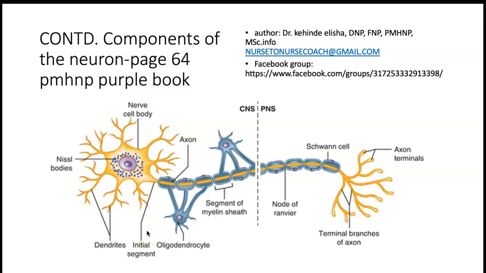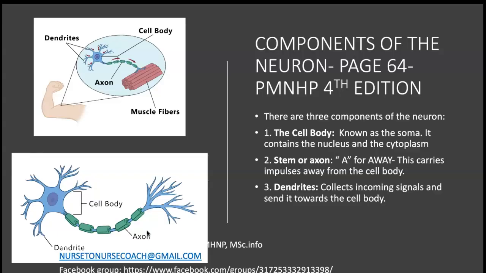This is just an extension of the components of the neuron, a little bit more detailed. We have the PNS towards the tail or terminal branches, and we have the CNS. This is not really relevant for the examination. If you can understand the basic neuron such as this, it's just enough.